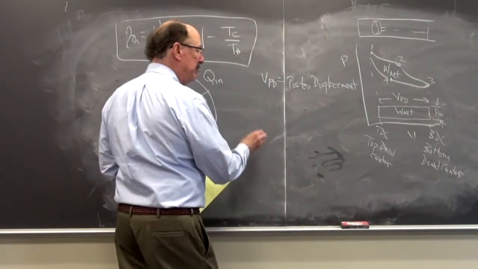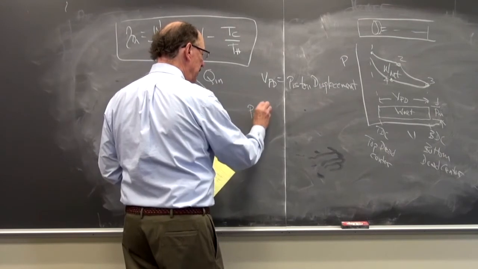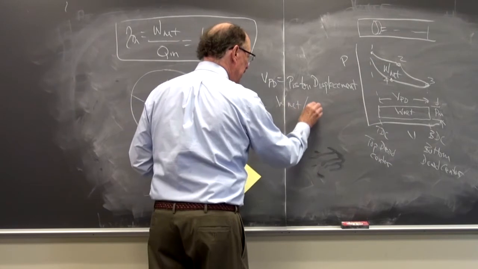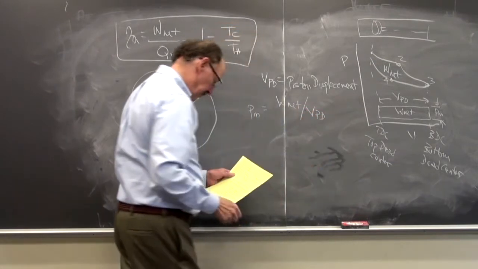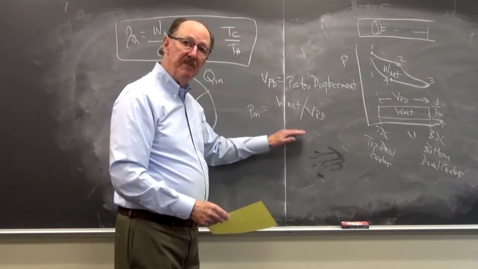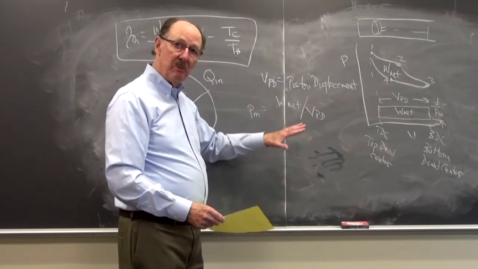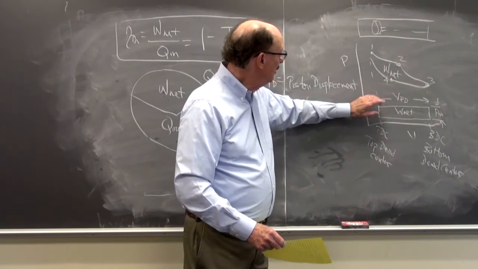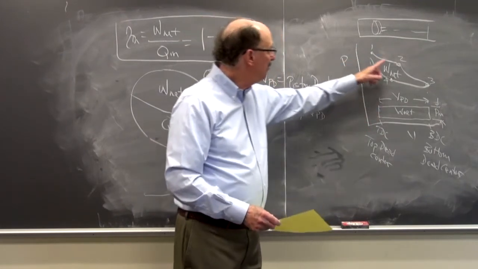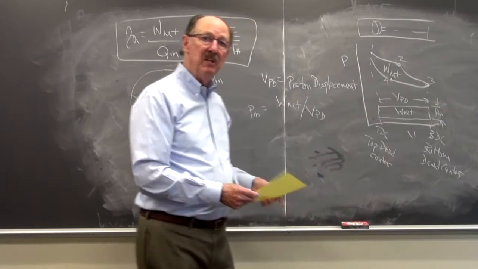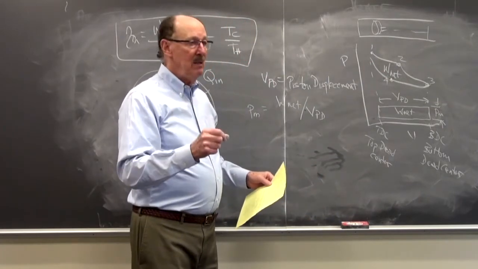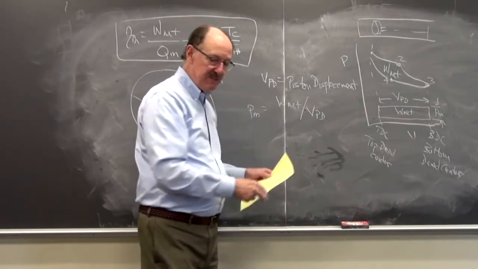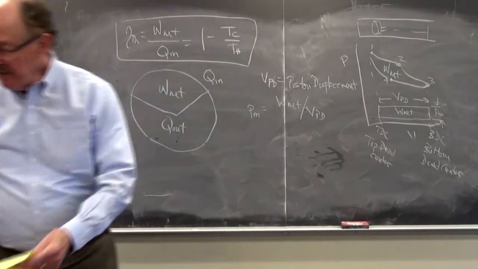The mean effective pressure, P sub m, is equal to W net divided by the piston displacement. It's an artificial pressure. It has nothing to do with the real pressure. Obviously, the greater this pressure, the greater the net work you get out. So it becomes an easy way to say what the power intensity, the work intensity of the engine is.